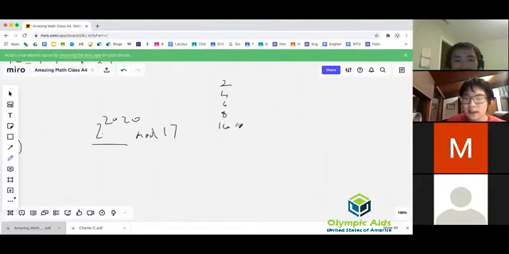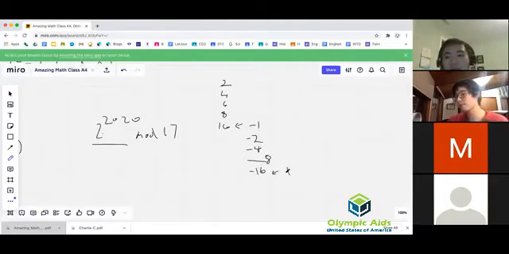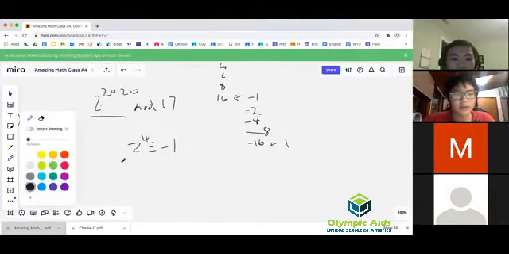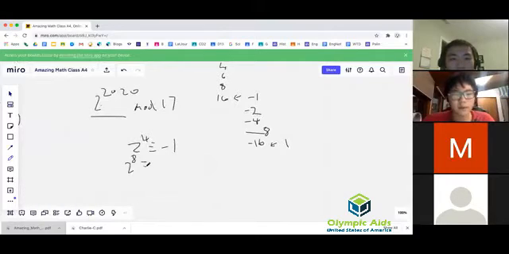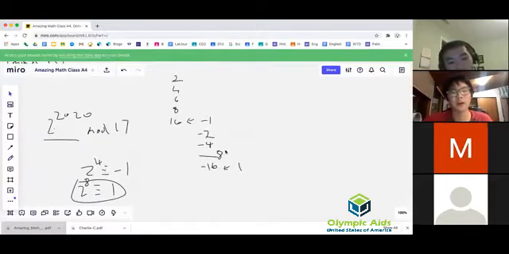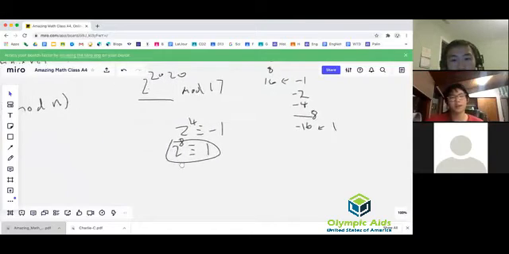You notice that 16 is negative 1, which helps, because then you can write these as negatives, and you know that this one will be negative 16, which is 1, because negative 1 squared is 1. So we know 2 to the 4 is negative 1, which means that 2 to the 8 will be 1. So 8 is the order of 2 mod 17. And you'll notice that none of the residues before 2 to the 8 are 1. So 8 is the order.